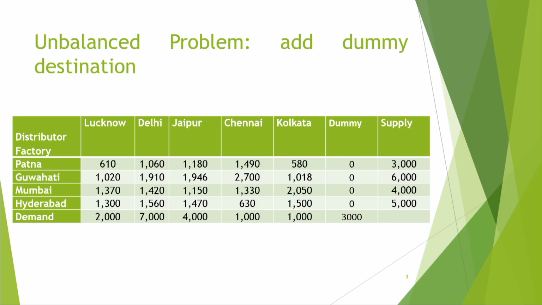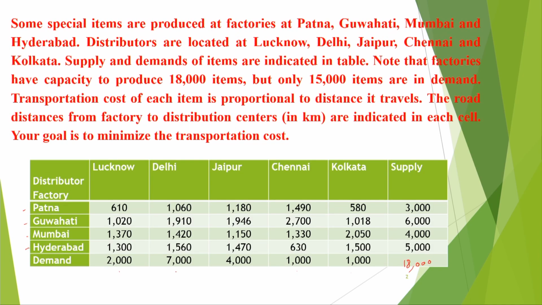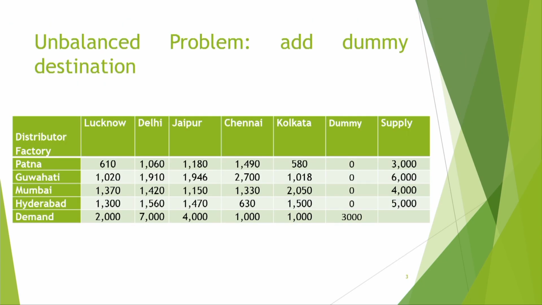But as we discussed, this is an unbalanced problem because demand and supply are not equal. Here 18,000 is the total supply, while demand was only 15,000. So what should we do? We can make a dummy destination.